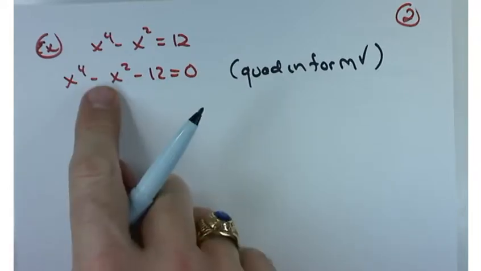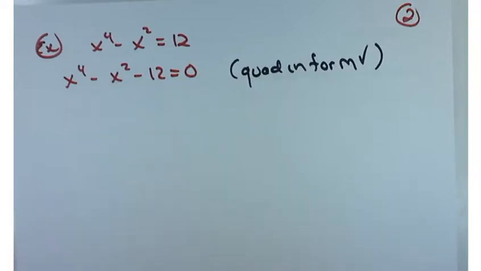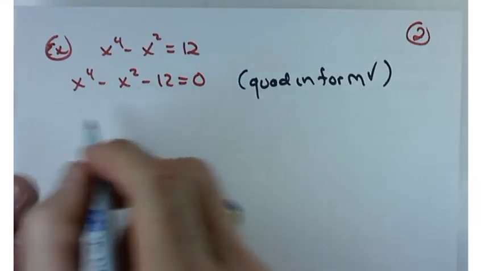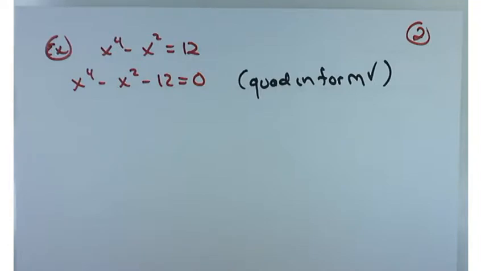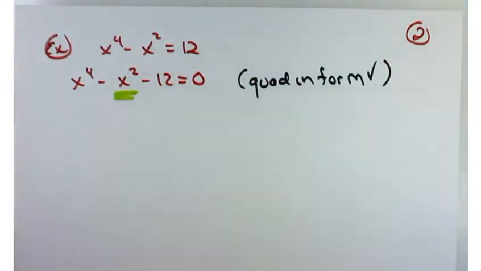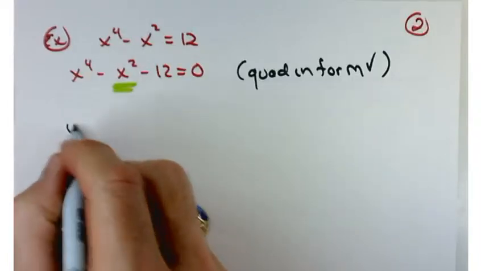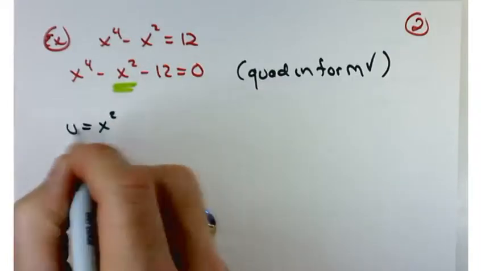But the problem is, a lot of people aren't going to be comfortable factoring and working with these things if they have some kind of a crazy exponent. So here's what we're going to do. Whatever this middle variable term is, just the middle variable part, not this coefficient, we're going to replace that with the letter u. So u is going to be the same thing as x squared.